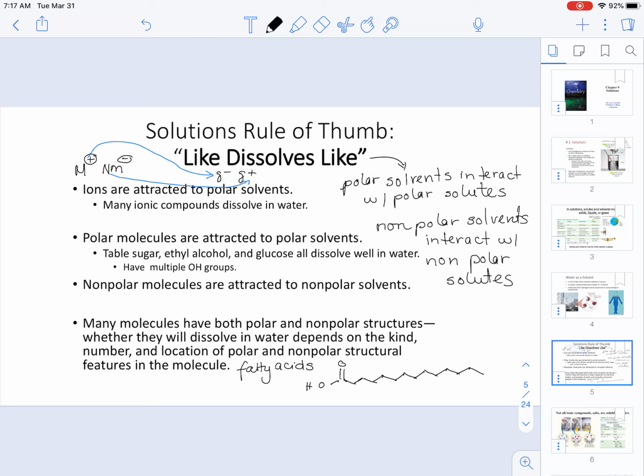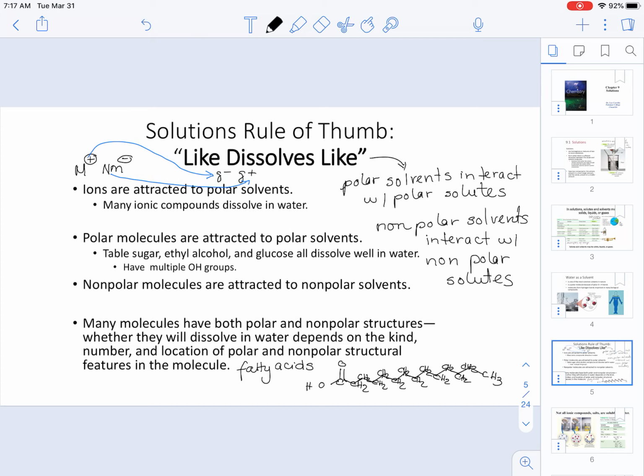Okay, here I'm going to now write in the carbons and the hydrogens. Understand that these are carbons and hydrogens in the right side of the molecule.